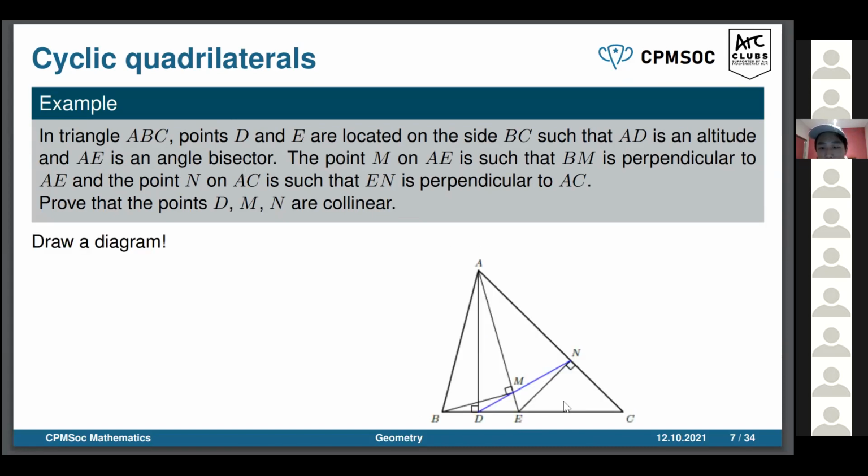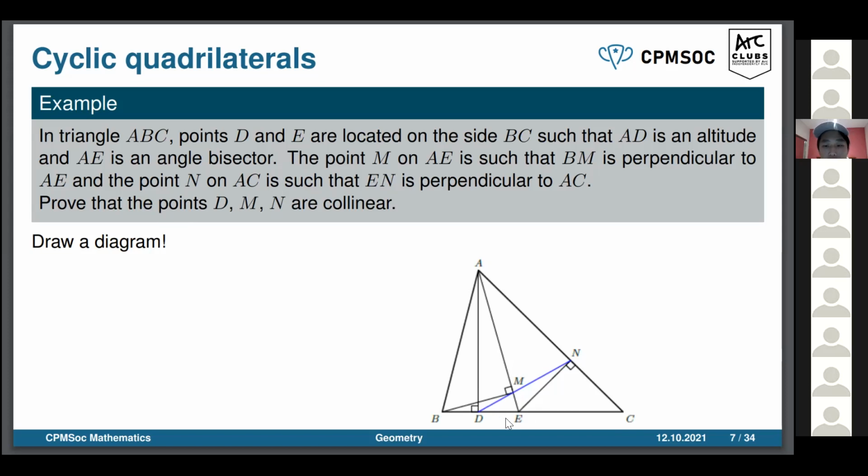So to show our diagram: AD is an altitude and AE is an angle bisector. The point M is on AE such that BM is perpendicular to AE, and point N is on AC such that EN is perpendicular to AC. So basically that's our diagram here.